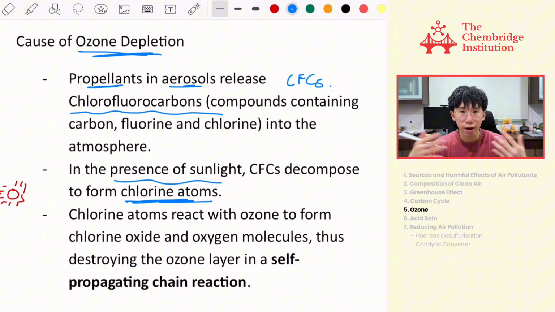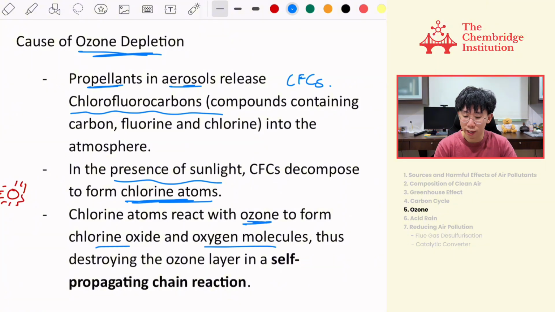These are very, very reactive and very unstable. So they will then react with ozone to form chlorine oxide and oxygen molecules, and this will inevitably destroy the ozone layer in a self-propagating chain reaction, which is very, very dangerous.